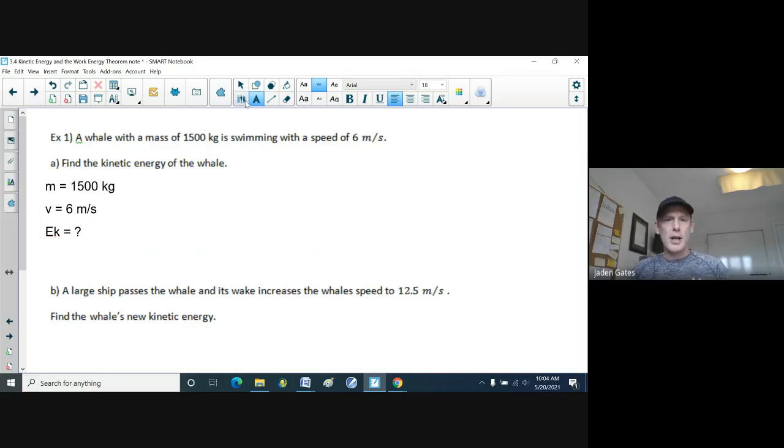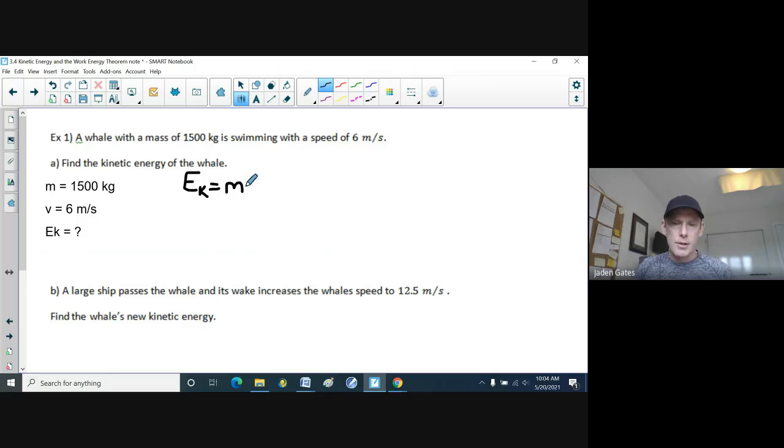I'm going to use the formula that we just started with, where EK is equal to our mass times velocity squared divided by 2. Now, I'm going to have to follow some math rules here because we have that exponent, which could cause some issues.